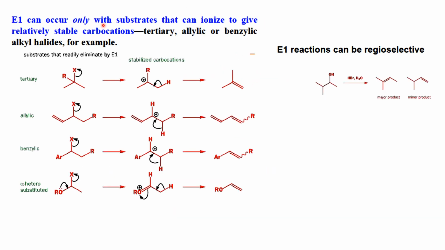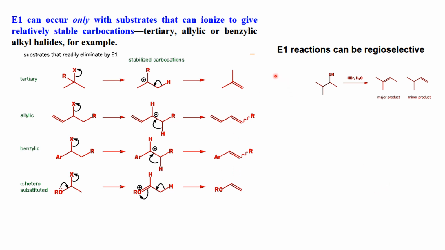And E1 can occur only when the substrate can ionize to give a relatively stable carbocation. So E1 is somewhat similar to SN1. In SN1 also you need a stable carbocation. So here also you should have a stable carbocation for E1. So these are some of the cases where you can have a stable carbocation and the final product that you can get.